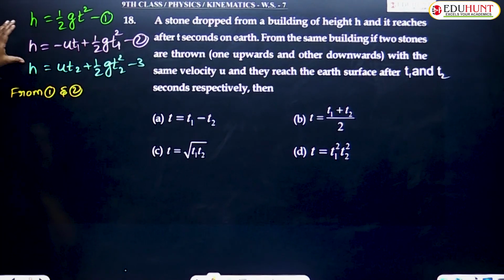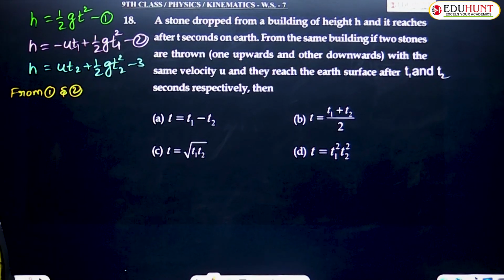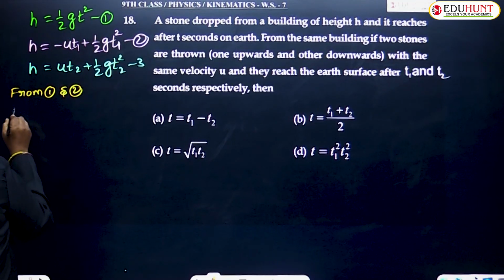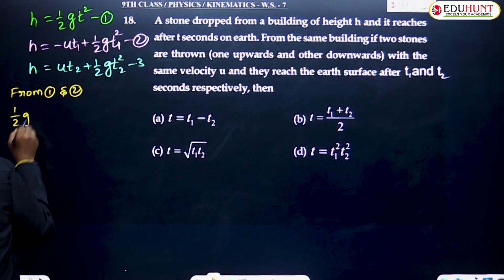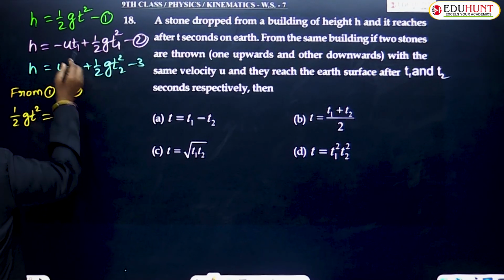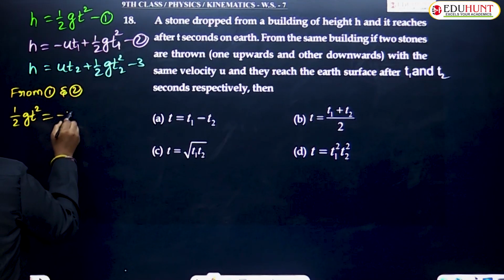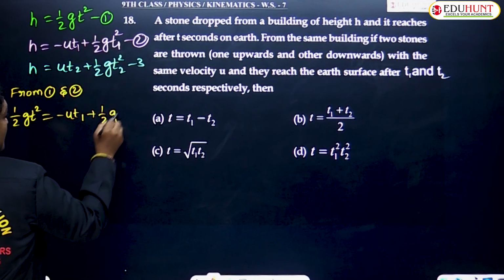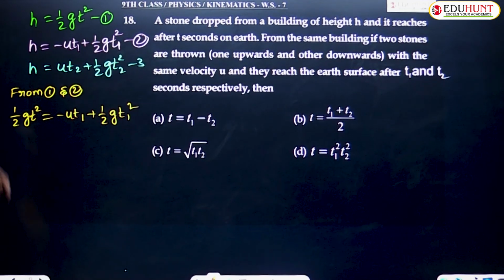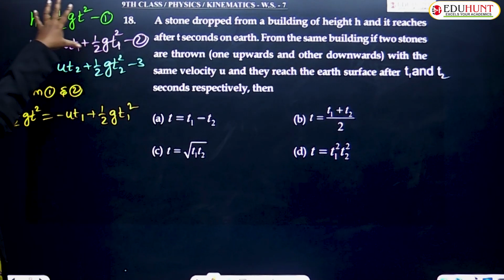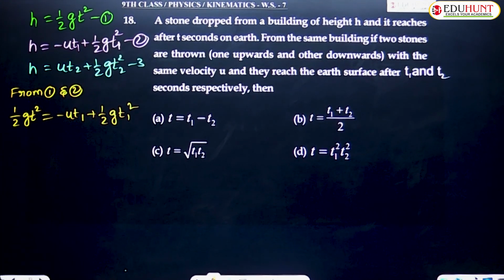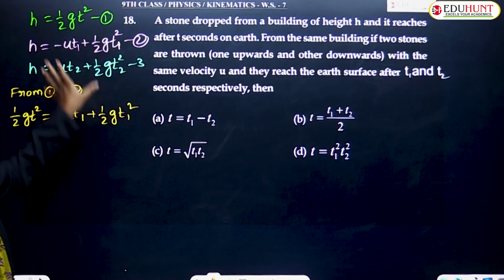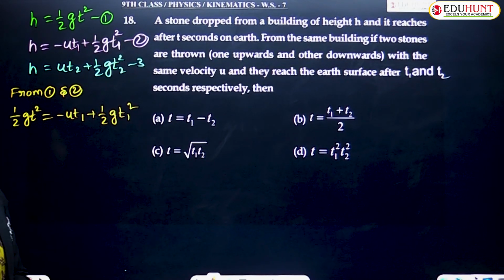So left hand sides are equal, hence equating right hand side. Here you have half g t square must be equals to, in the second case, minus ut1 plus half g t1 square. As left hand sides are equal, I just equated the right hand side part.